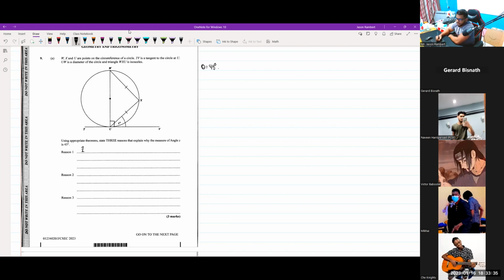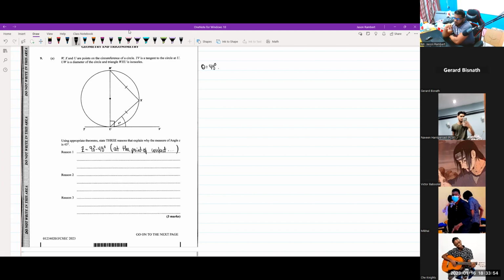So Z is going to be 90 degrees, take away 45 degrees, and I give them the reason why: at the point of contact. Yeah. That is one reason.